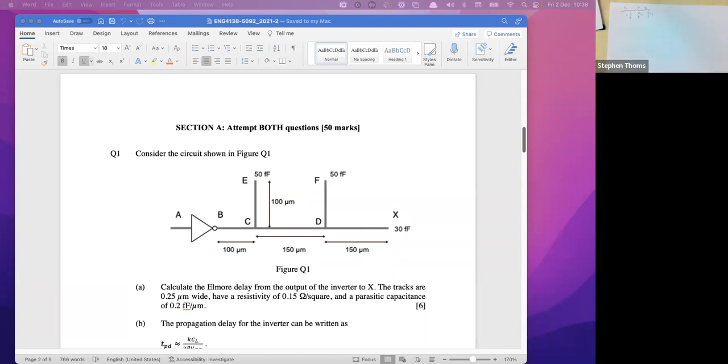And then the delay is just R1 C1 plus... running out of space. So it's basically that, which you write as a double summation.